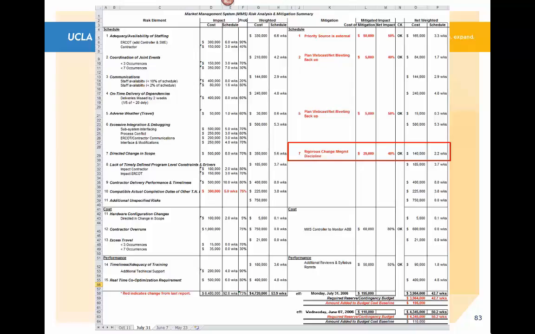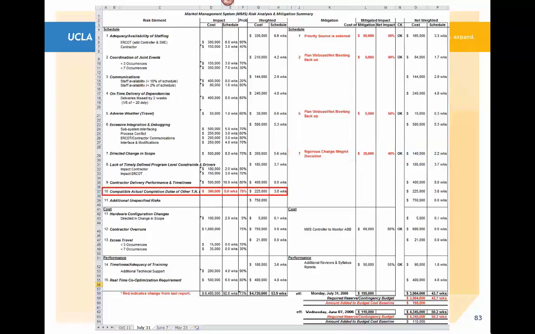We developed a rigorous change management discipline which we were going to faithfully follow, and the cost of that mitigation, the generation of that change management plan, was $25,000, but it reduced the risk impact by 60% down to 40%. And you can see that that $350,000 impact dropped down to 140, way below half, and the 5.6 weeks down to 2.2. So those were all significant improvements.